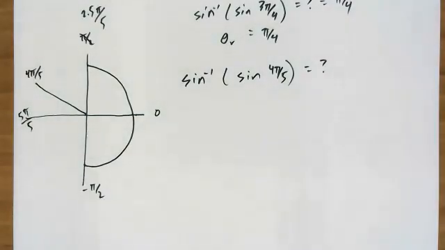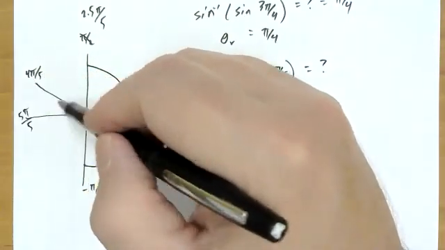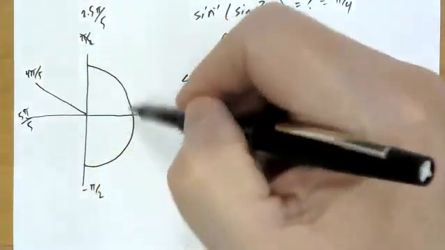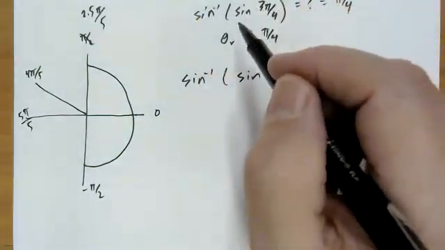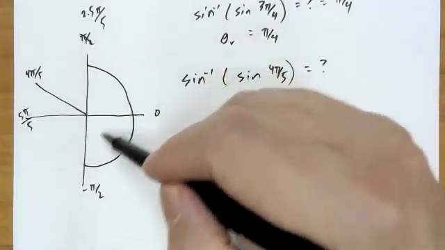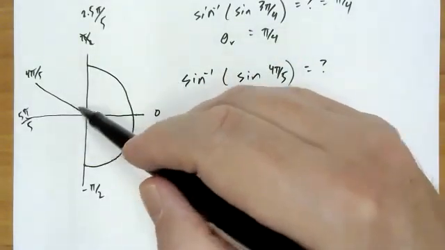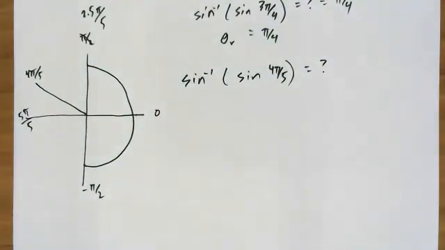Second step is ask the question, is my original angle inside my OK region? And it is not. So for me to get the answer, I've got to go ahead and find my reference angles that are inside the allowed region.